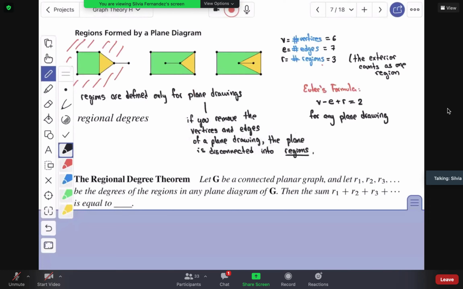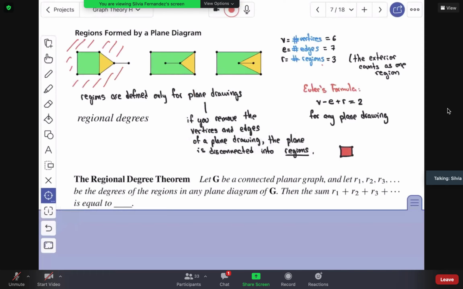You see, if I only had something like this, and I remove that, then I'm going to have that region and the exterior. To go from any point in the red region to any point in the exterior, I will need to cross the boundary, and so I'm actually moving from one region to another.